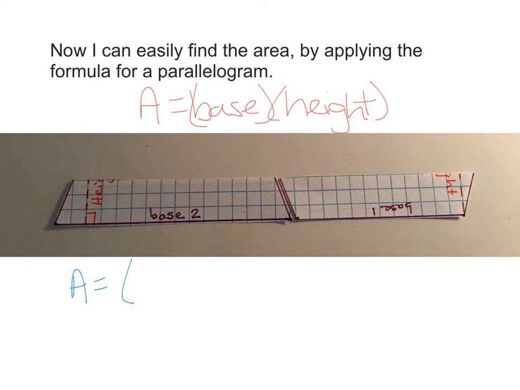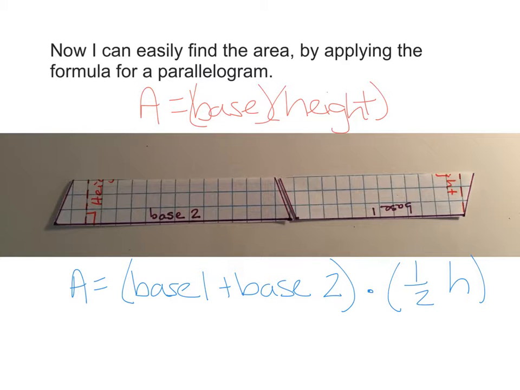If I take my area formula here, I am now going to find the area of that parallelogram. The base of that parallelogram is base 1 plus base 2 from the trapezoid, so I'm going to add those together. The height of my parallelogram is half the height of the trapezoid. So then this is times a half the original height.